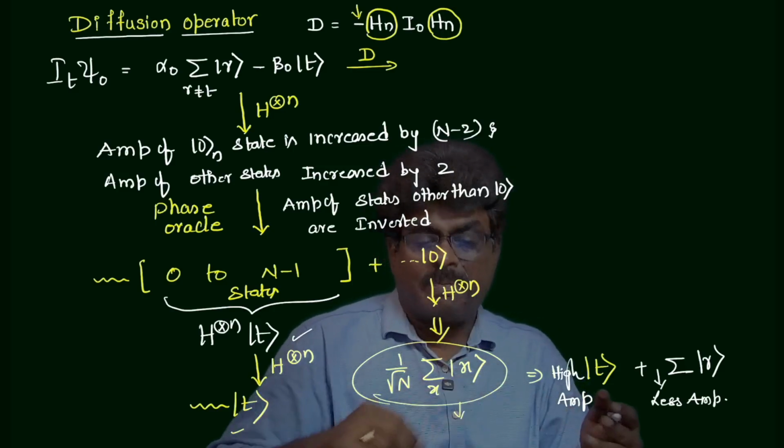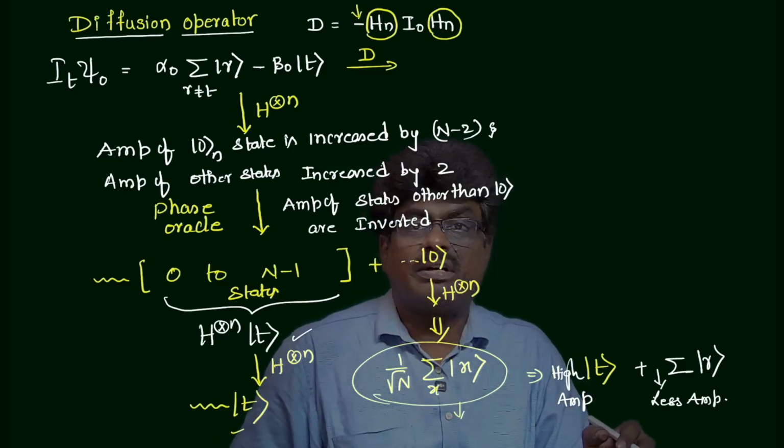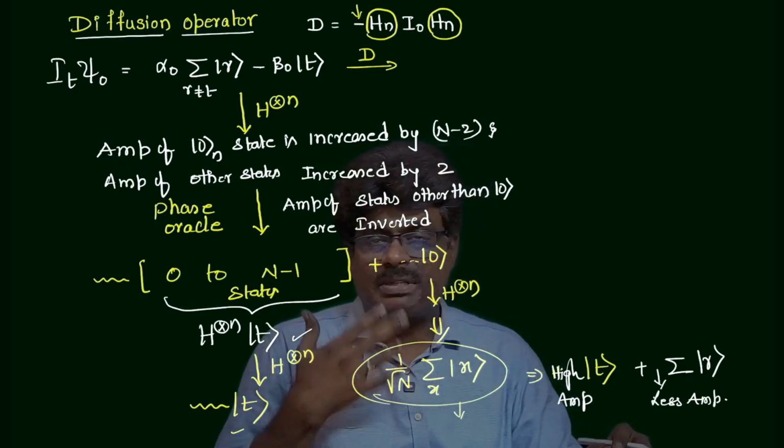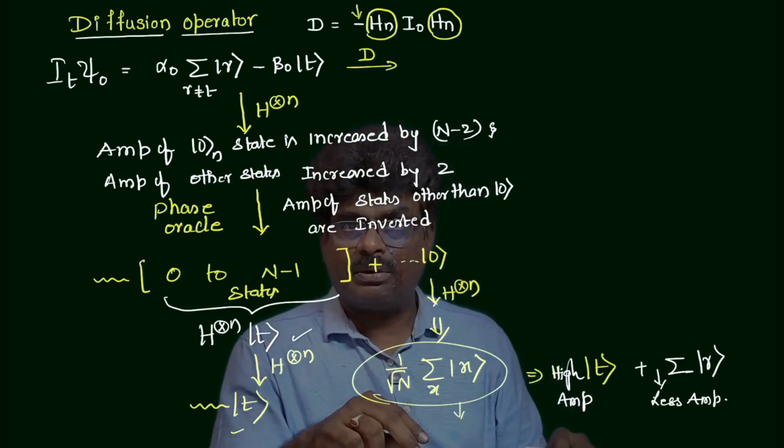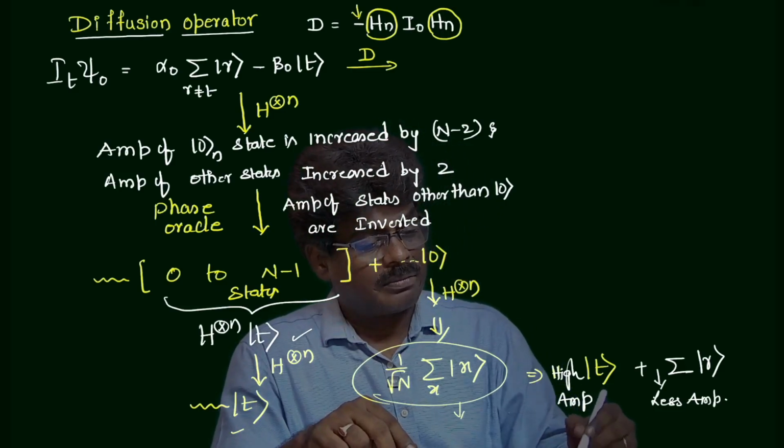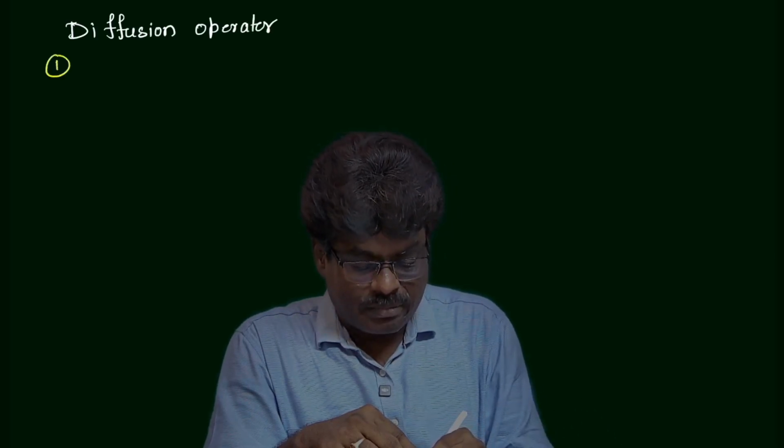Okay, let me explain how to construct this for 2 qubits, 3 qubits and 4 qubits. It's easy only, no need to worry. First I am taking a diffusion operator construction for 2 qubits.